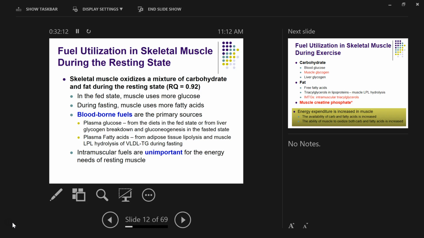We know muscle can store glycogen and also some triglyceride, but stored glycogen and stored triglyceride are not utilized by the muscle during resting condition. But during exercise, these intramuscular energy fuels become very important sources for muscle use.